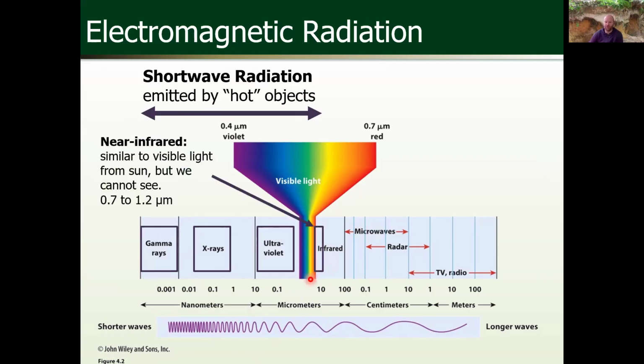There's a component called thermal infrared, which is a long wave radiation form next. But near infrared radiation is just longer than visible light, so one of the short forms of shortwave radiation, and it occupies this wavelength range.